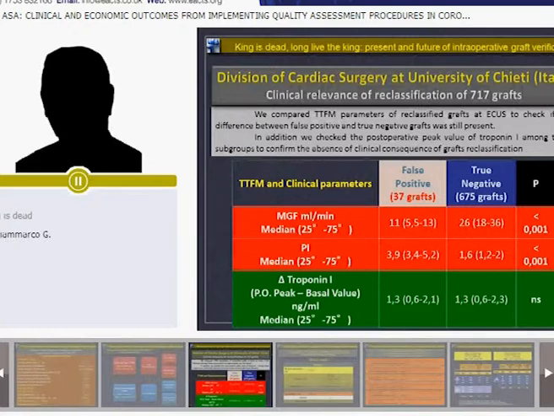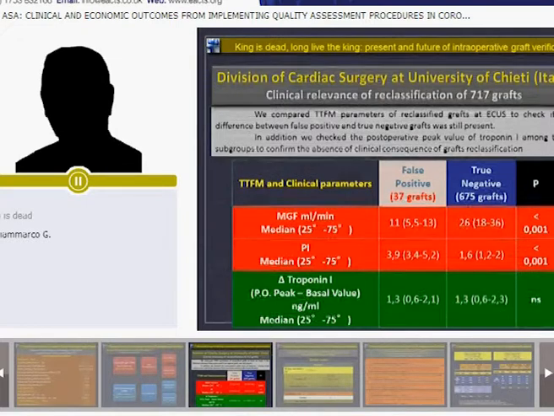But in spite of this significant difference, we did not find any significant difference in the difference between the basal and the peak of troponin I after the operation. So demonstrating that the reclassification was really useful from a clinical point of view. So it was not a mistake, it was truth.